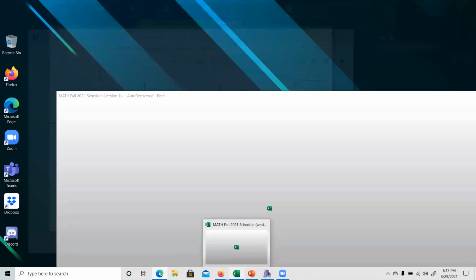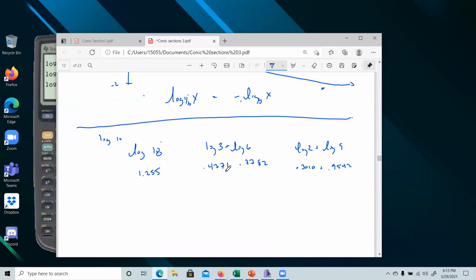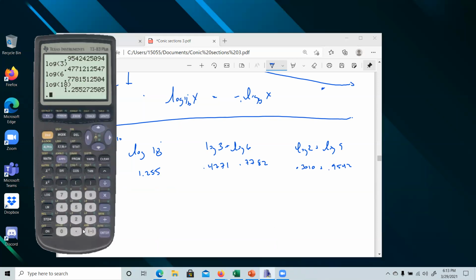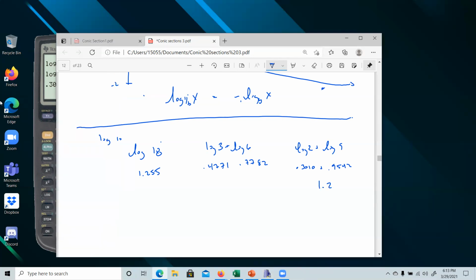We're going to compare them to 3 decimal places, because I know that 4 is going to be kind of weird. So we're going to say 0.3010 plus 0.9542 is 1.255.